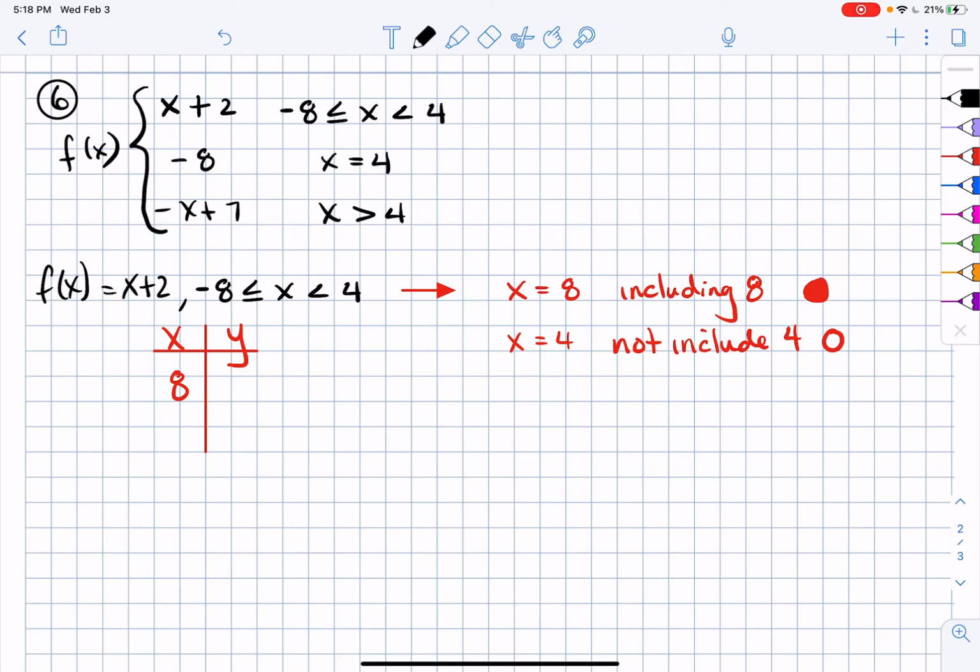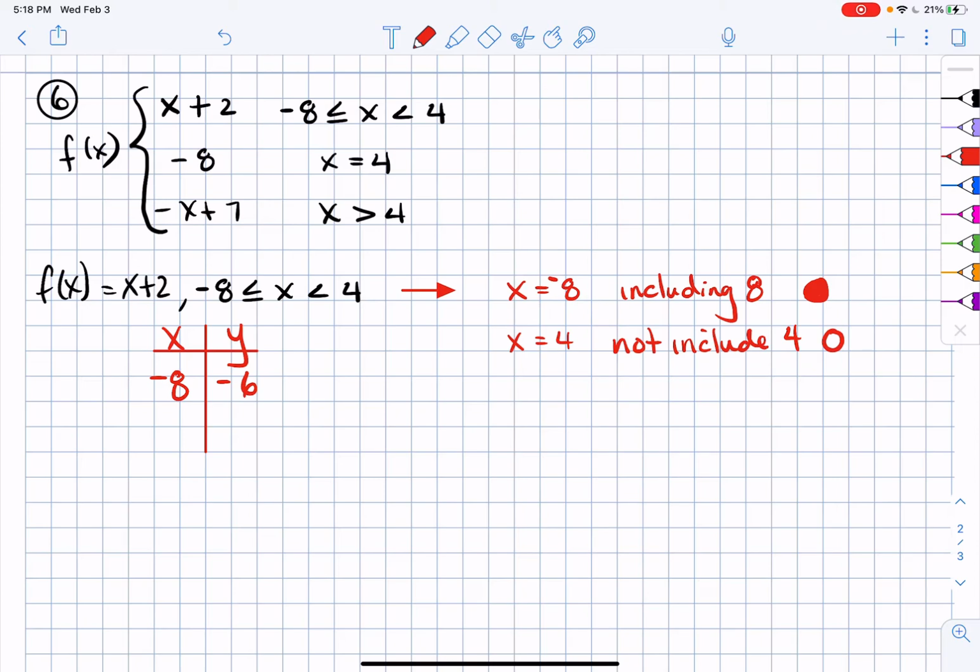If I plug in 8, I'm going to get 10. I'm sorry, negative 8. Wow. If I plug in negative 8, I'm going to get a negative 6 for y.